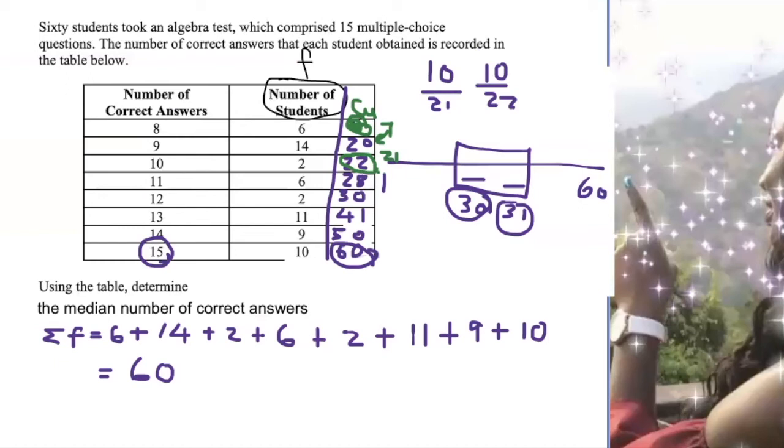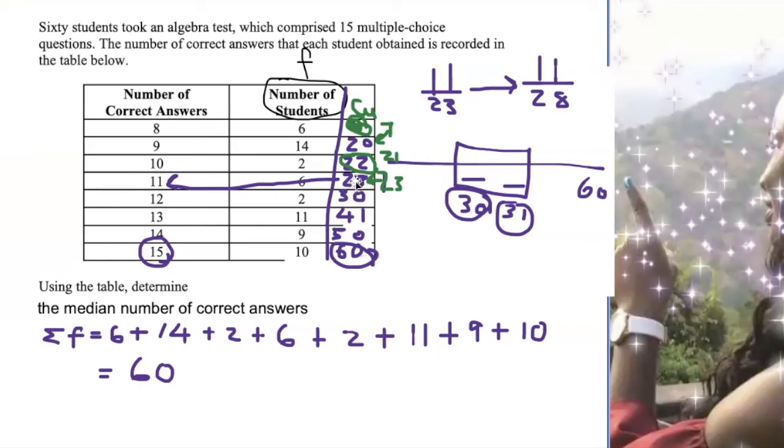So from the 23rd position to the 28th position I will have which number? The score, which is 11. So 11 will occupy all these positions. Remember we use the 21st and the 22nd position for the score 10. So that's what we have here.